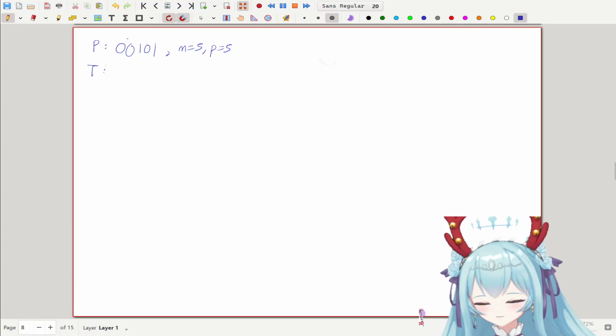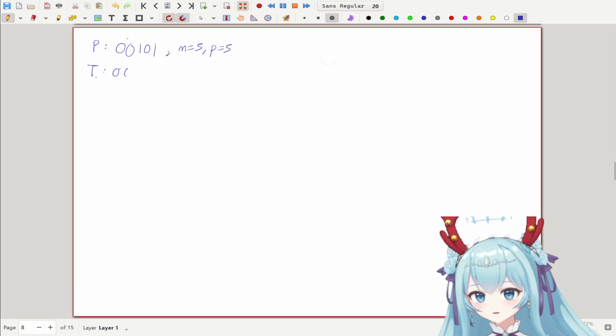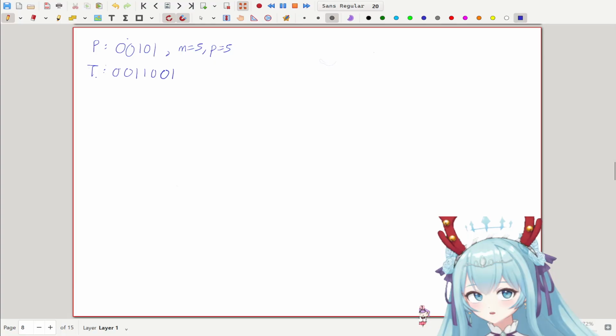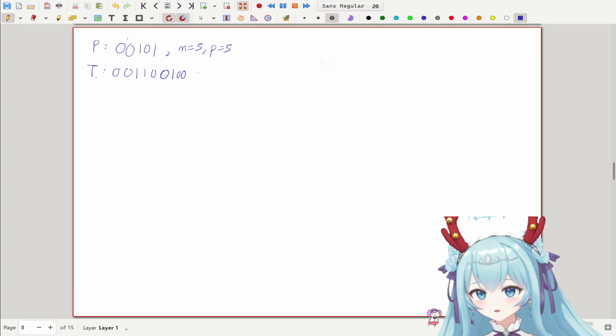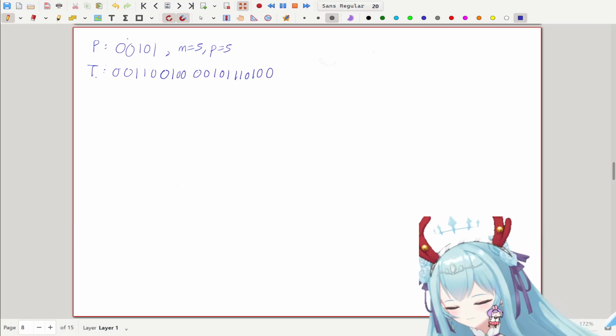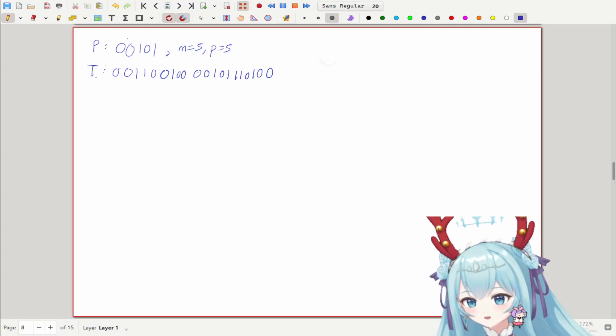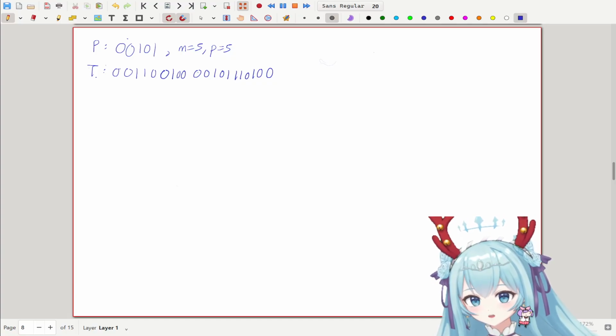Let's go through quite a long string, for example, 0, 0, 1, 1, 0, 0, 1, 0, 0, 0, 0, 1, 0, 1, 1, 1, 0, 1, 0, 0. I'm just using a long string to make it a more robust example.